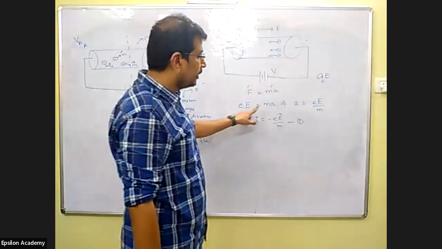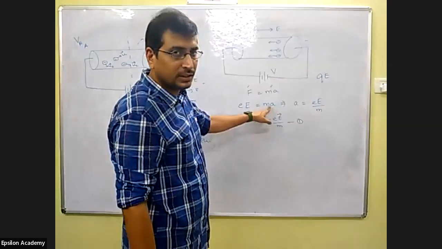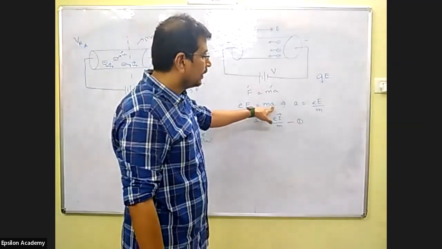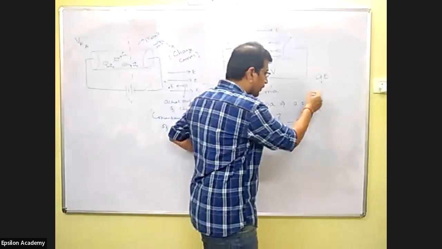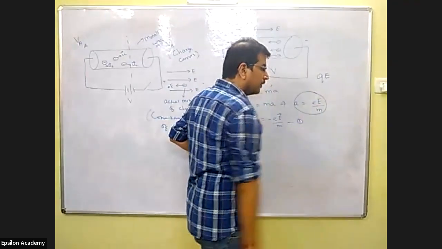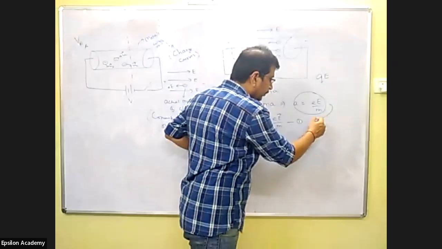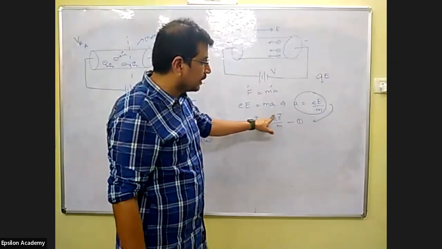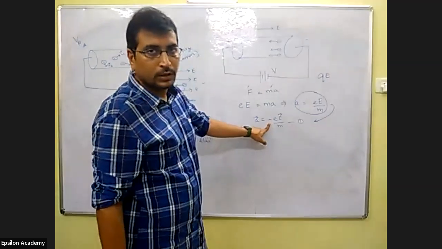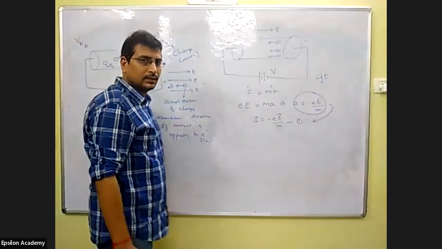So eE is equal to ma, where m is the mass of the electron and a is the acceleration of the electron. So a will be equal to small e into capital E divided by m in terms of scalar quantity. Whereas when you write it in terms of vector quantity, acceleration and electric field are in opposite directions. That's why there's the minus. Is it clear?